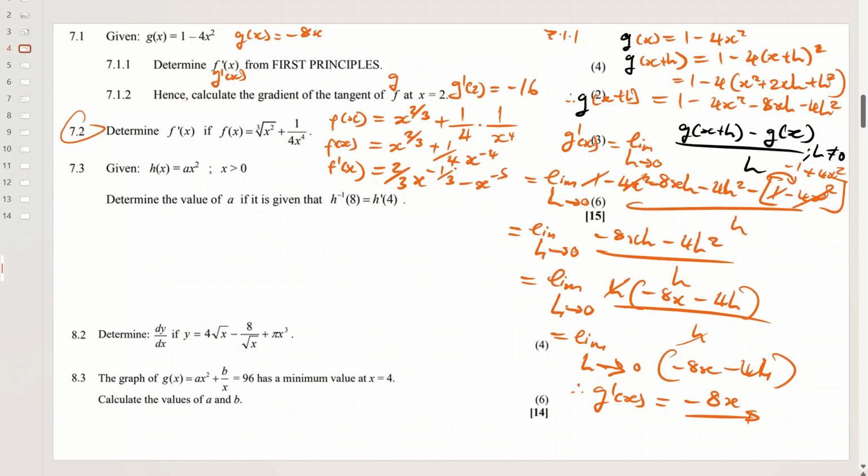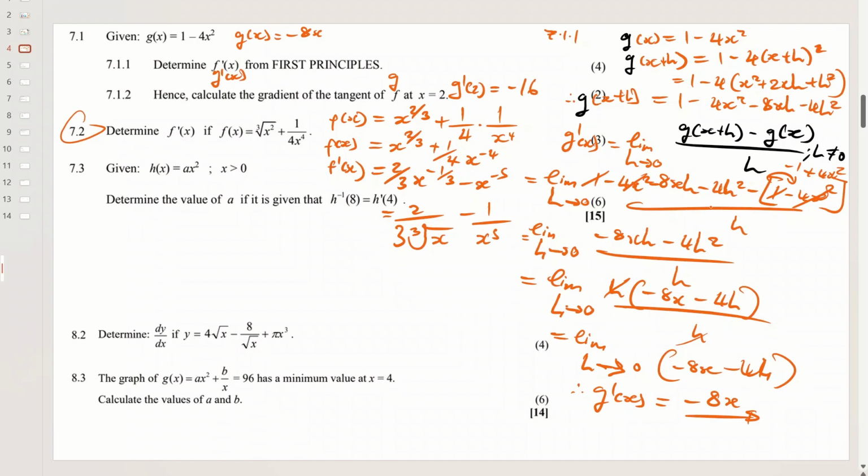You're left with negative 4 divided by 4. That's negative 1, an invisible 1 there. So you're not done. To take this further, you're left with x to the 1 over 3, then 2 over 3, so 2 over 3x. Don't forget about the 3 here. And then minus, what about this part here? It should be minus 1 all over x to the 5. And you are done with that.